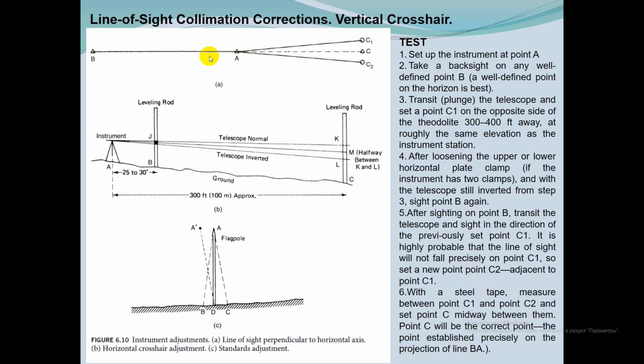The vertical line of sight should be perpendicular to the horizontal axis, so that a vertical plane is formed by the complete revolution of the telescope on its axis.